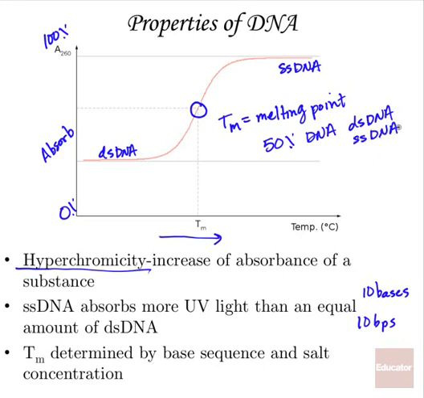Okay? And the Tm, the melting temperature, is determined by the base sequence as well as the salt concentration. That can affect the shielding, and we're not going to get into it, but salt concentration will affect if you denature or not.